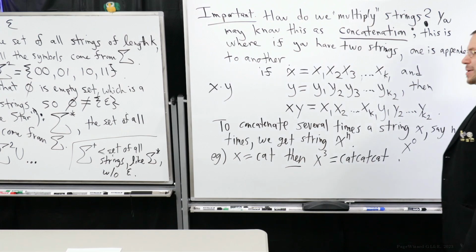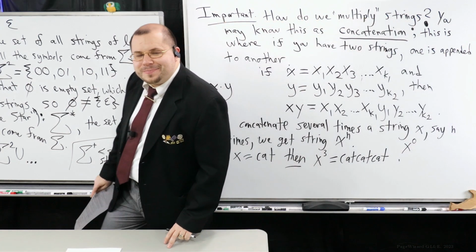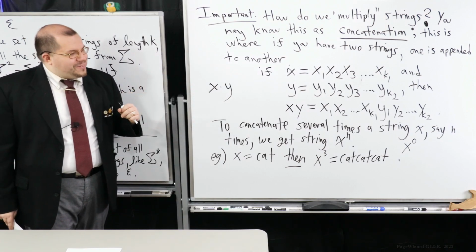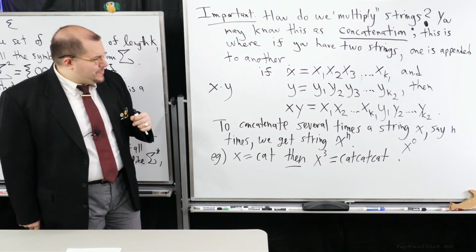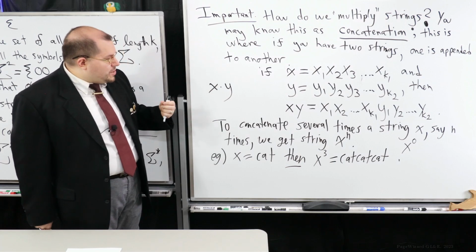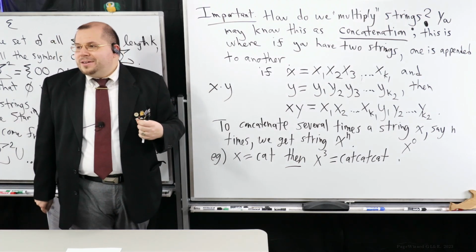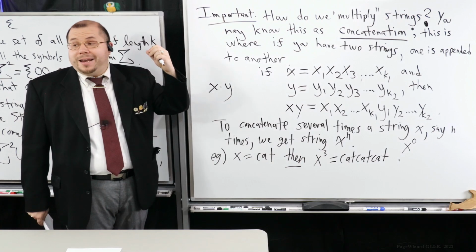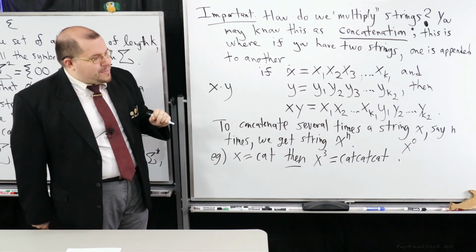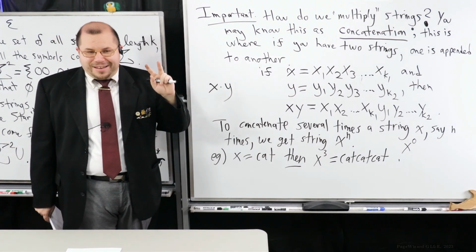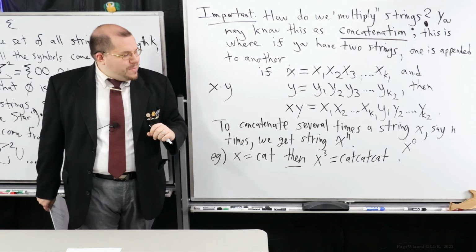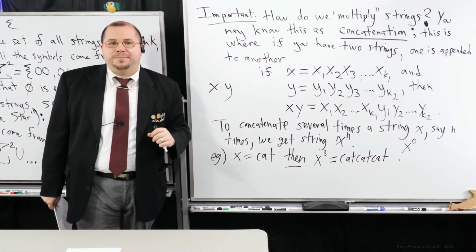If I give you cat and say I have it raised to 0, think about it in terms of how many times you're writing it out. If I say 1 time, that's just cat. If I say 2 times, that's cat, cat. If I do it 3 times, it's cat, cat, cat. What would it mean to write out cat 0 times?